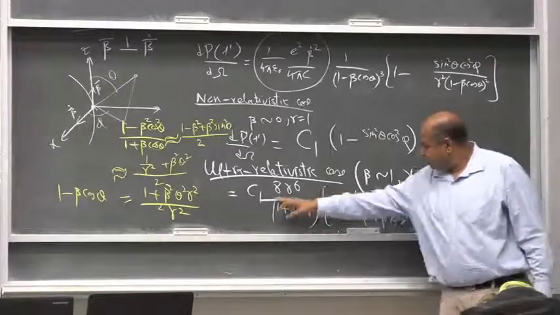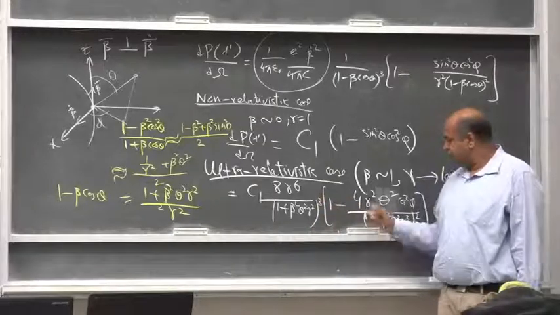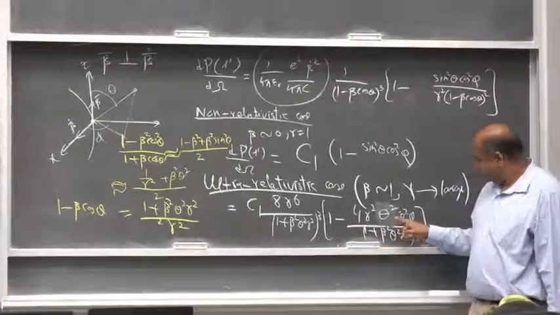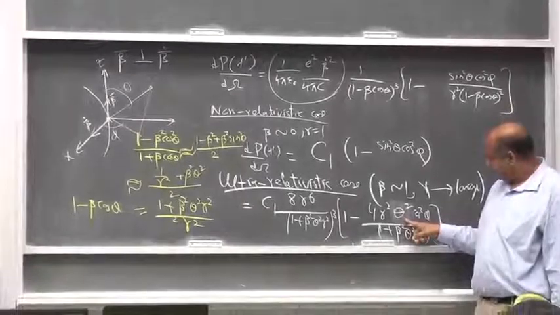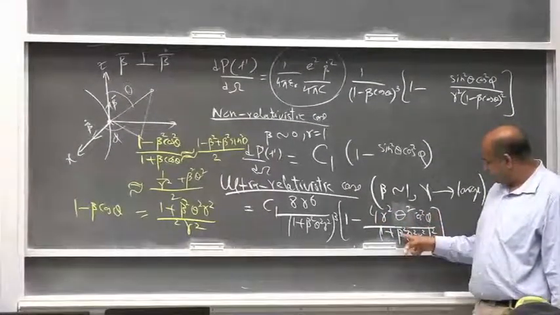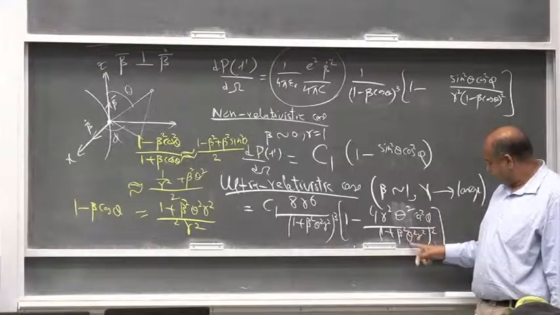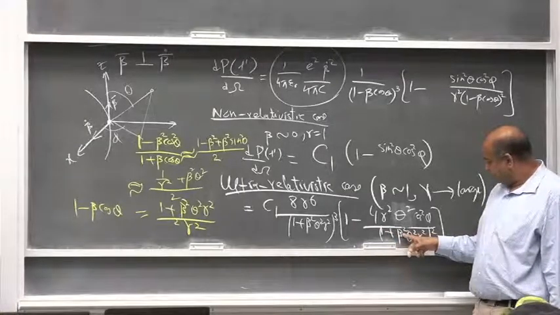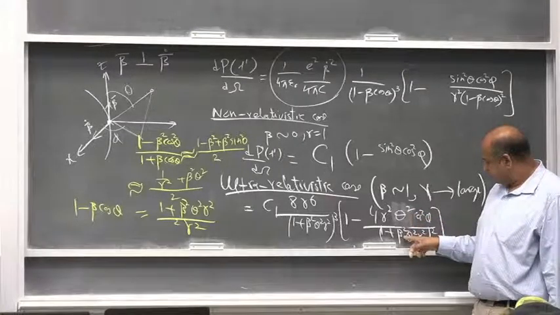So this part of this function is 1. Now when theta is 1 over gamma, okay, so when theta is 1 over gamma, this is what? 4. So this is 4, and this cancels, so this is 1 plus beta square, which is 1 over gamma square.